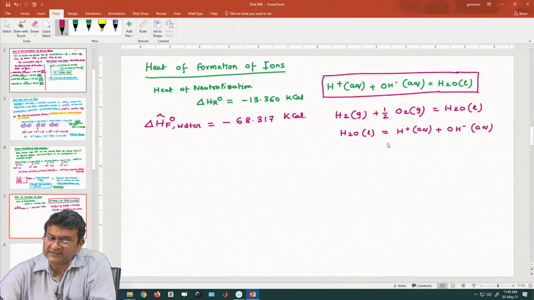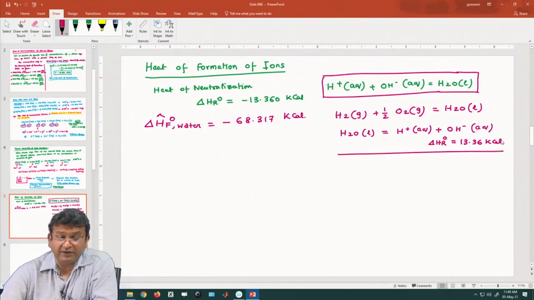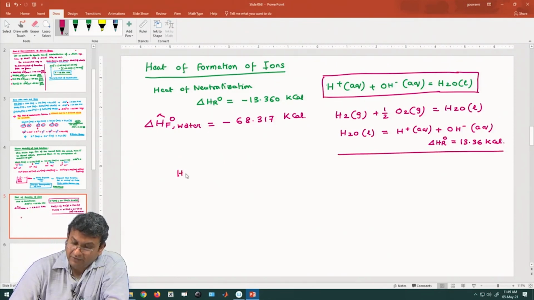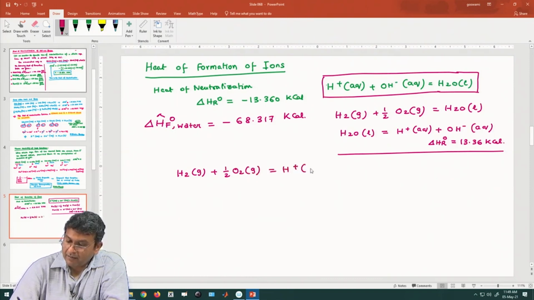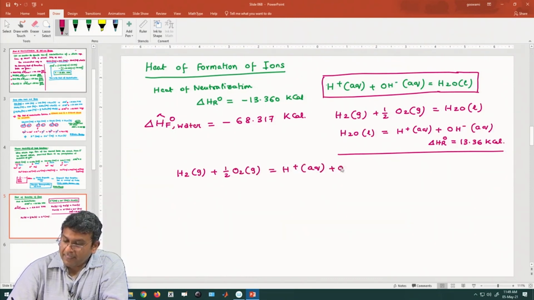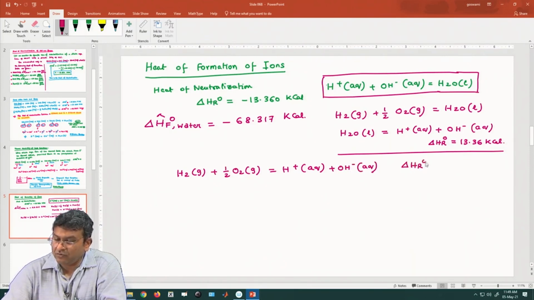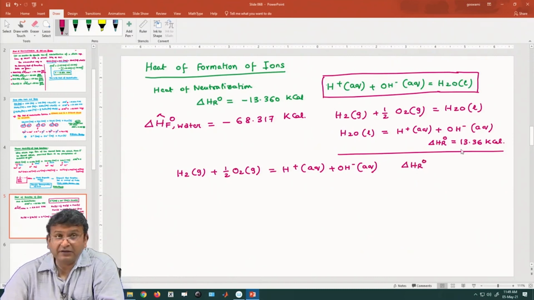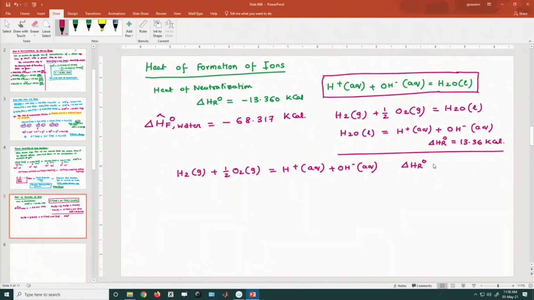So, if we write the neutralization reaction like this, then obviously from Hess law we understand that its heat of reaction is going to be minus 13.36 kilocalorie. And if you now join them up following Hess law, you get this particular equation, and its heat of reaction turns out to be minus 68.317 plus 13.36.